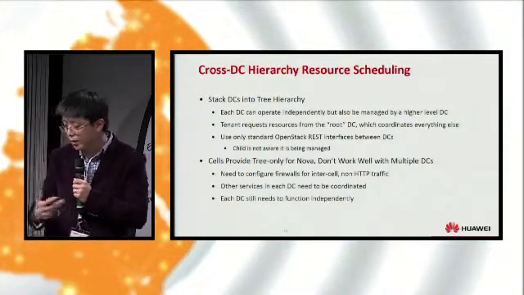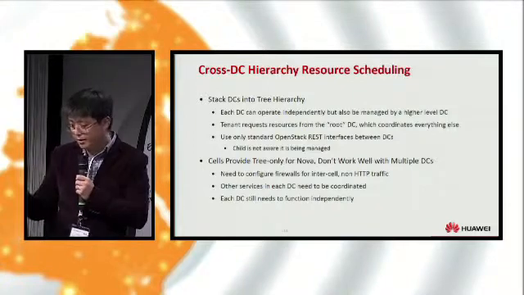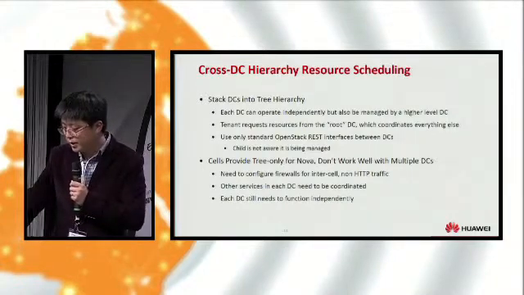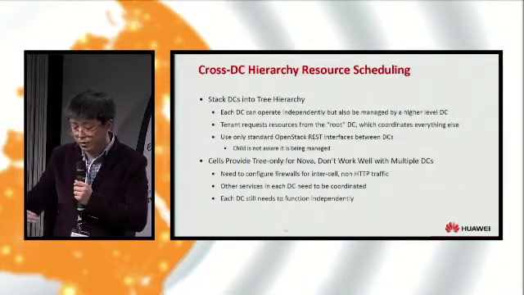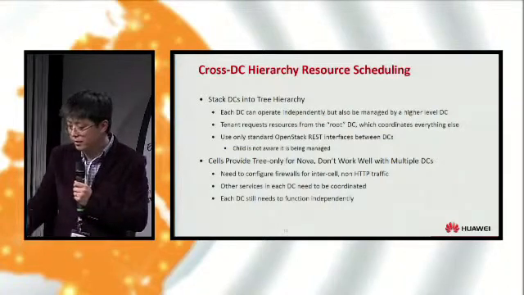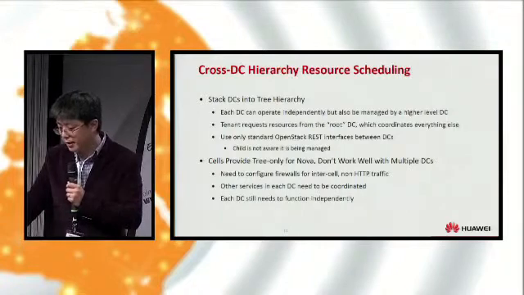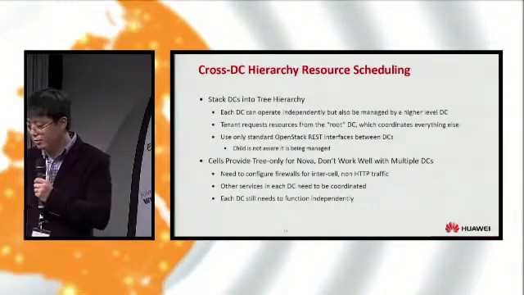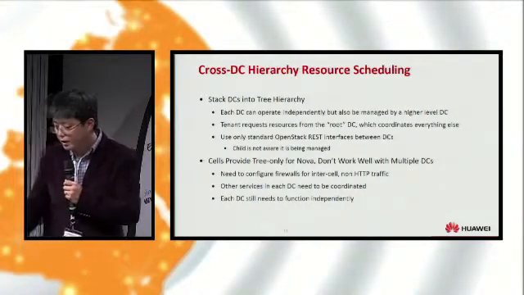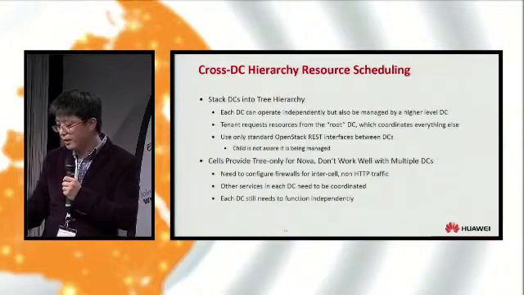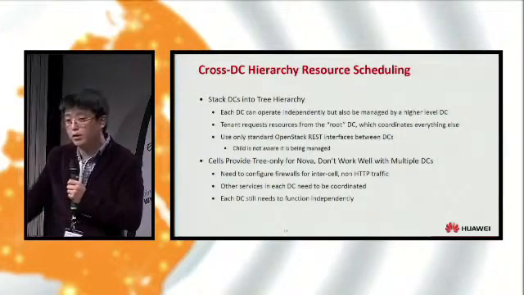Basically, cell provides a tree-like scheduling mechanism. But when we talk to our customers, that normally doesn't work. In the NFV world, you need some kind of mechanism to configure firewalls for inter-cell non-HTTP traffic. How can you deal with that?